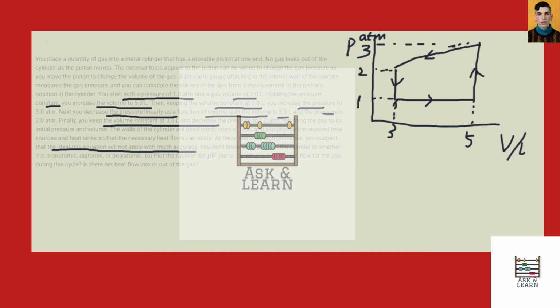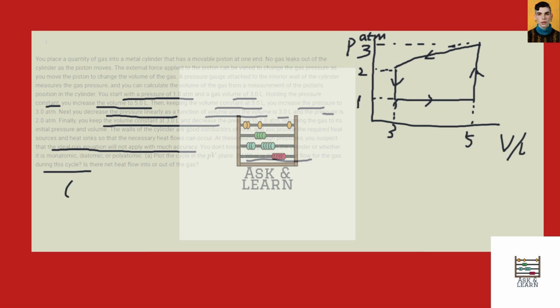So this is the PV diagram, and as it's stated in the problem, we do not know if the ideal gas equation will apply or not. But the only thing we need to find out is the net heat flowing into the cycle.